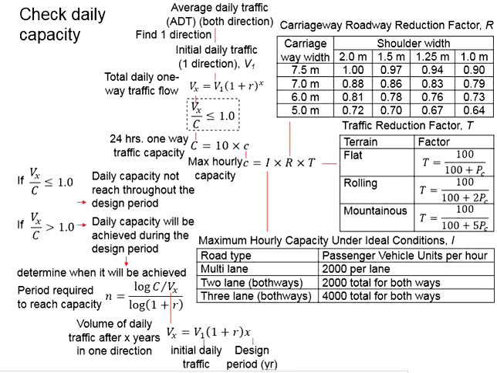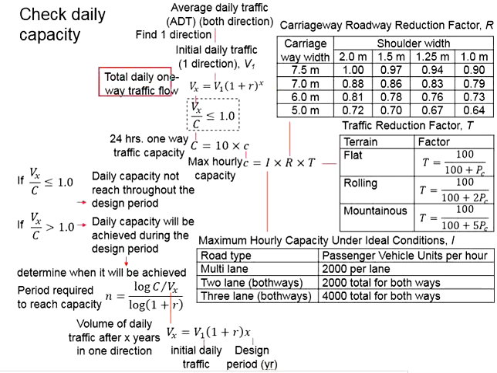You will need to factor in the construction durations, taking into account the annual growth over the period of the construction, so that you will have your V1 here, the initial daily traffic, representing the traffic conditions at the early stage of the design period. The R here represents the annual growth, and the X here represents the design period. For a 10-year design period, the X shall be equal to 10.